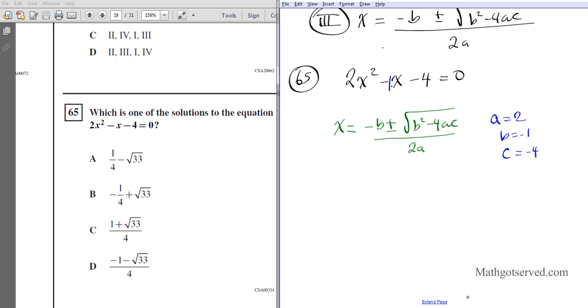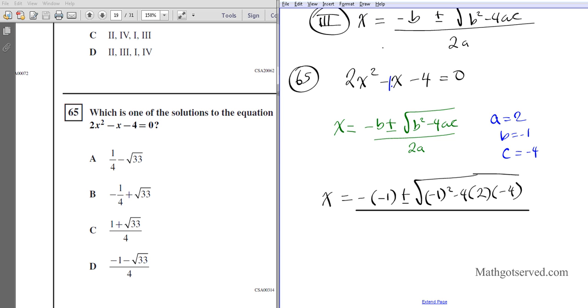So let's plug all that into the quadratic formula. You're going to have x equals negative 1 plus or minus the square root of negative 1 squared minus 4ac, and then the whole thing divided by 2a, which is 2 times 2.